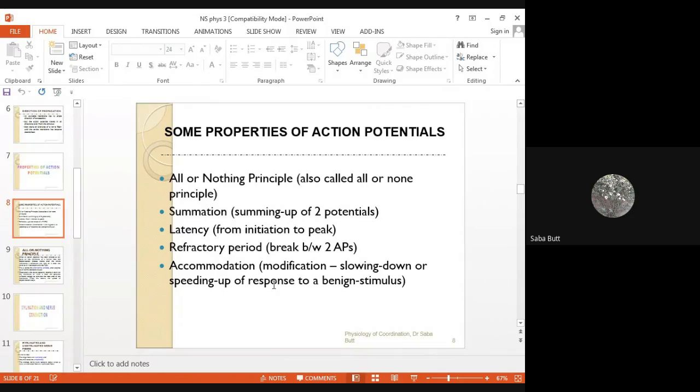So accommodation is based upon reward and punishment: to which stimulus body neurons are going to respond, to which stimulus neurons are not going to respond. After some time they learn, and this learning is based upon multiple things. We are not going into detail of that, but just one example.